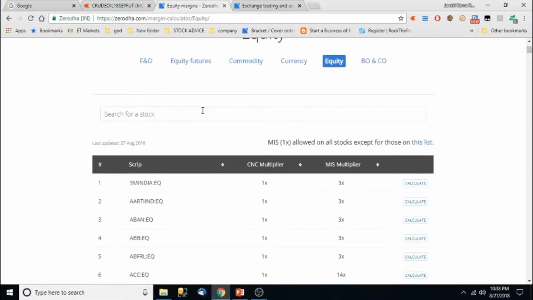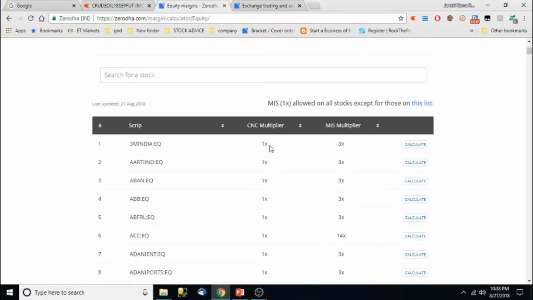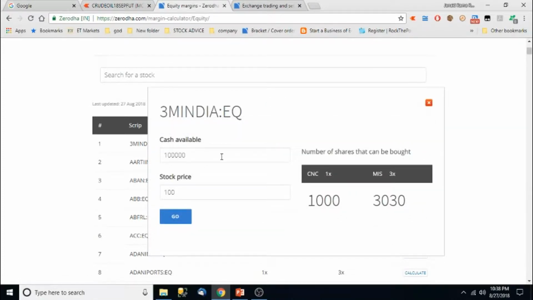If we have taken any stock as CNC, which means cash and carry, we get nothing because we have to pay the full amount. When coming to the MIS multiplier, let's calculate.